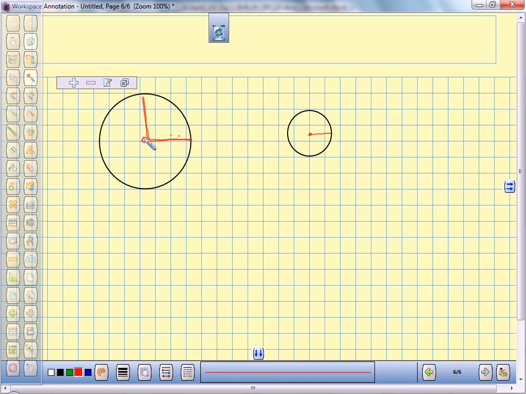So if I were to come up with the ratio, we'll call this circle 1 and this circle 2. So this would be the radius of 1 to the radius of 2. And that gives us a ratio. Now, let's compare that to the diameter. If the radius is R1, how could I describe the diameter? 2 times R1. And the diameter of the second one? 2 times R2.